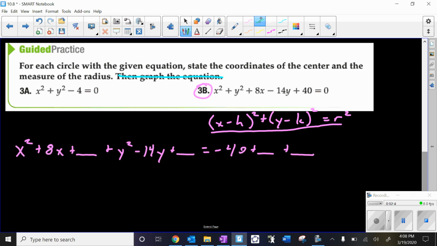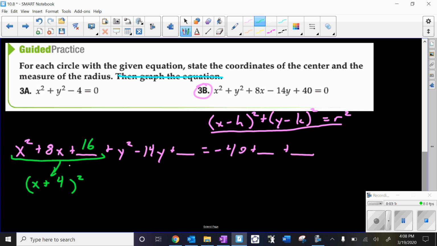Here is how completing the square is going to look. I'm going to write down my parentheses. These first three spots all take up this first parenthesis. So x goes in the first spot, plus I take 8, divide it by 2, and that gets me 4. Then to fill in my space, I take 4, square it, and that gets me 16.